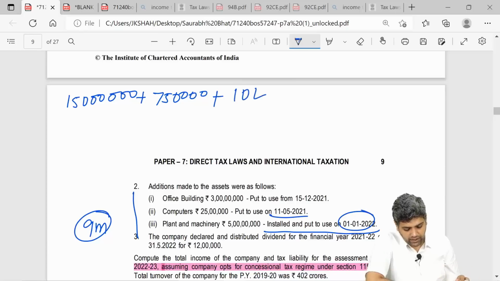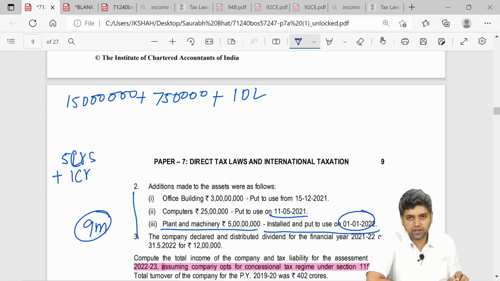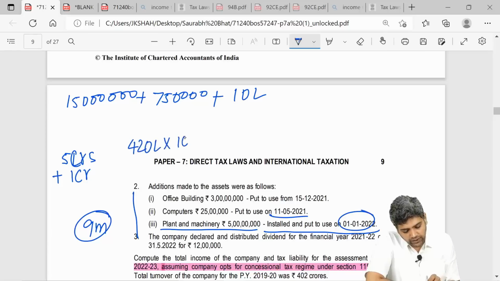So that is 10 lakhs. And then they say plant and machinery of 5 crores which is installed and put to use on 1st Jan. Now don't forget that in this 5 crore worth of plant and machinery, I will have to load the cost of the technician, that is 1 crore, and the interest on the loan which I availed of, 420 lakhs at 10% interest, from 1st June up till 1st Jan. So that is a period of 7 months that would be regarded as part of capitalization.